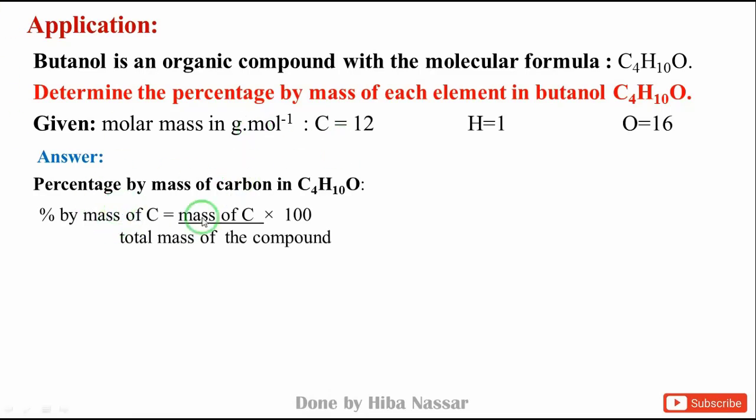The percentage by mass of carbon is equal to mass of carbon, or the partial mass of carbon, divided by the total mass of this compound times 100.